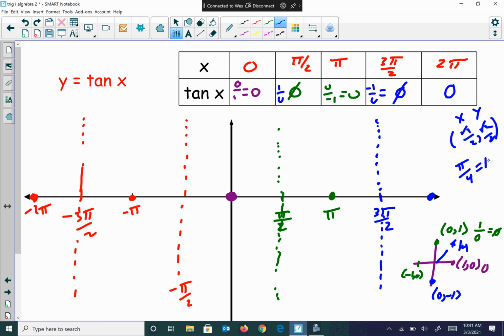So think about where pi fourths is. Pi fourths is right here. Oh, and that happens at 1. Okay, here's my tangent graph. And I just use that pi fourths to give me a reminder of what our graph would look like.